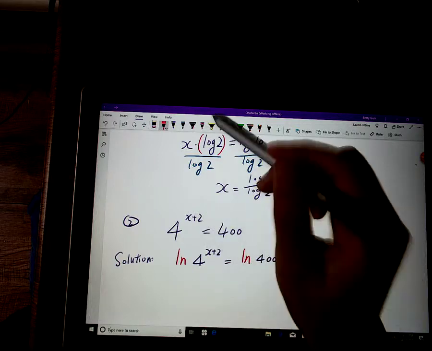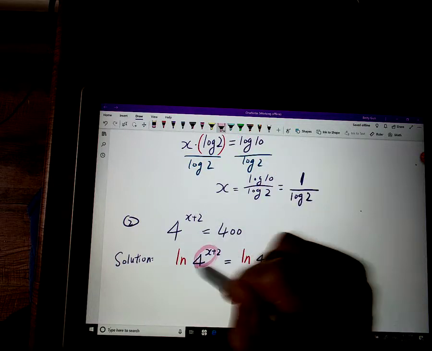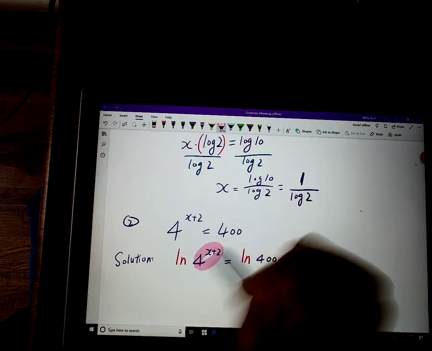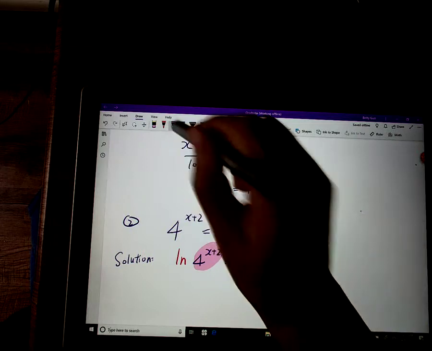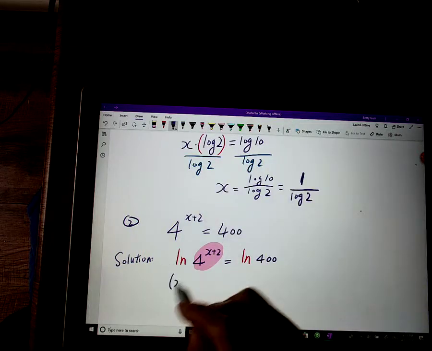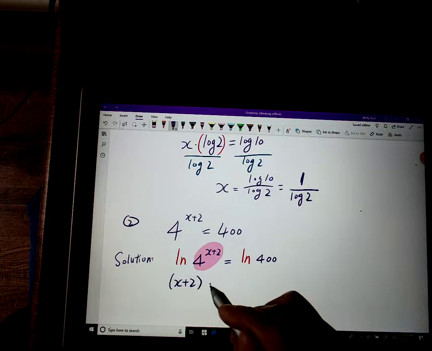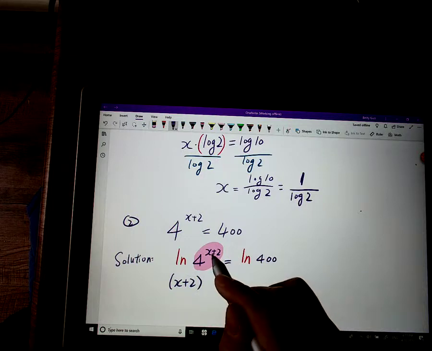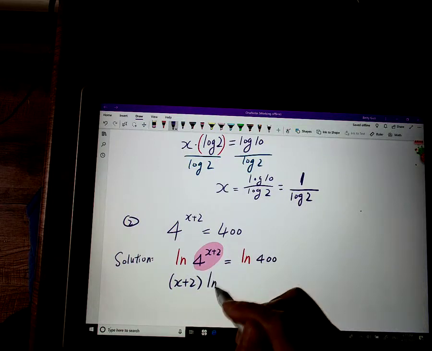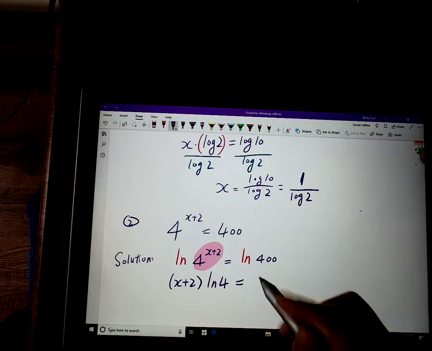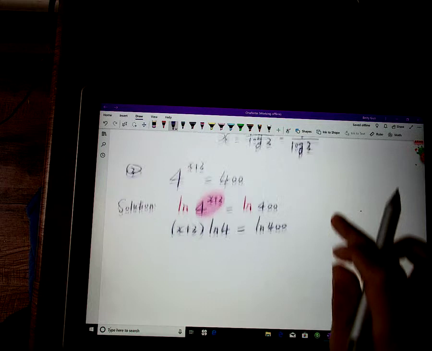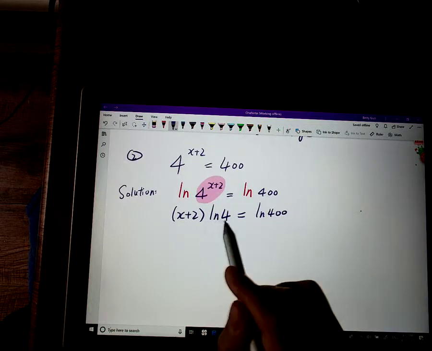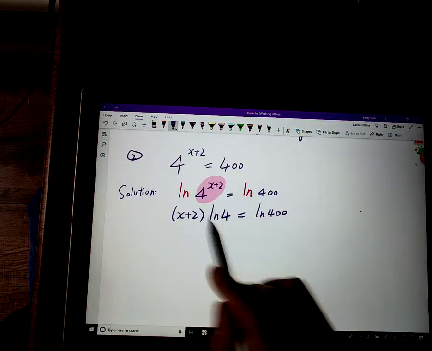Let's look at the left-hand side. Again, the left-hand side has anti 4 to the power of x plus 2. By the power rule, we are able to move the power in front as a coefficient. We move x plus 2 in front, we have ln 4. Right-hand side, ln 400. Remember, ln 4 is a number, a value.